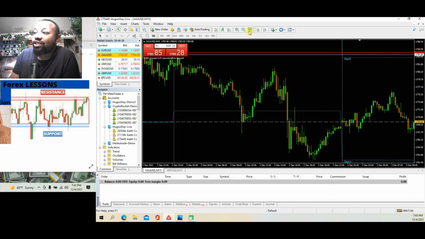So when you're testing support and resistance, you really want to make sure before you get into a trade that you have those confirmation candles. Confirmation candles are very important, guys. Very important.